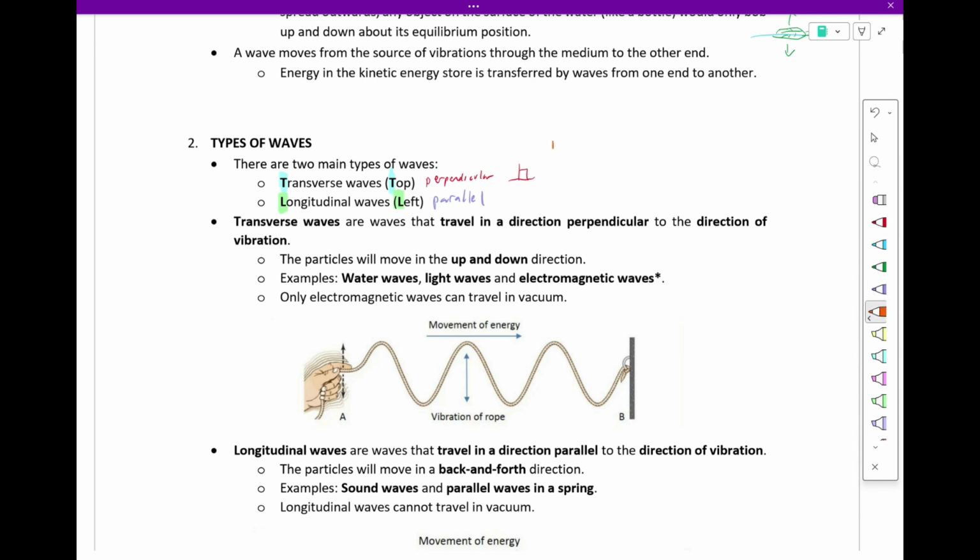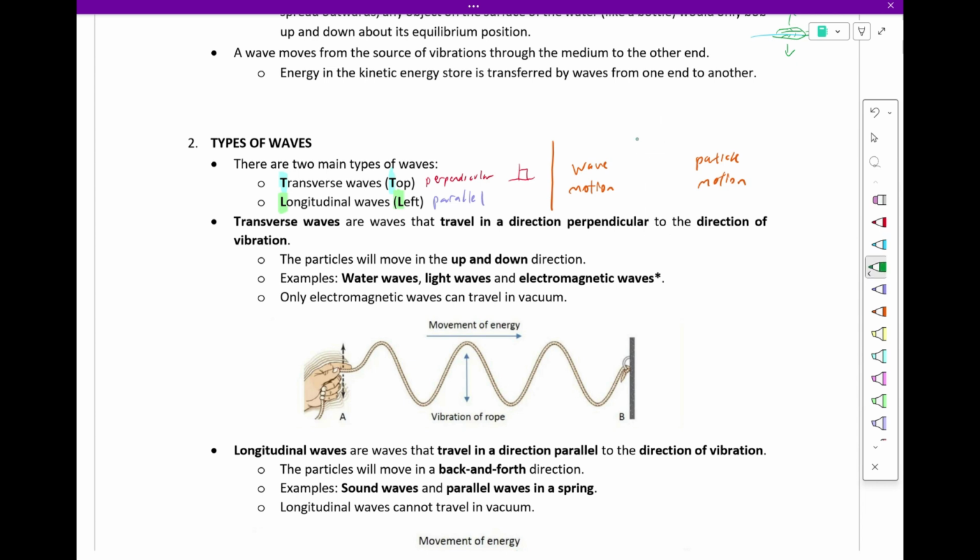Let's write it down. Basically, we are interested in two things: wave motion and particle motion, because we know that your particles or your matter itself don't move. However, because of the disturbance, there is some fluctuation in between them.